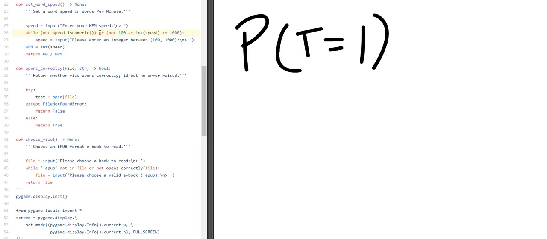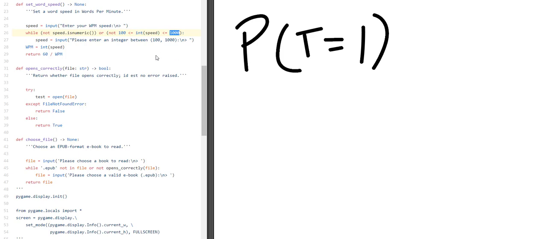So let's assume that we'll always have numeric inputs, so this is not even relevant, and we'll assume that our inputs are from 0 to 1000 inclusive. So our input can be 0, 1, 2, 3, all the way to 1000 inclusive.